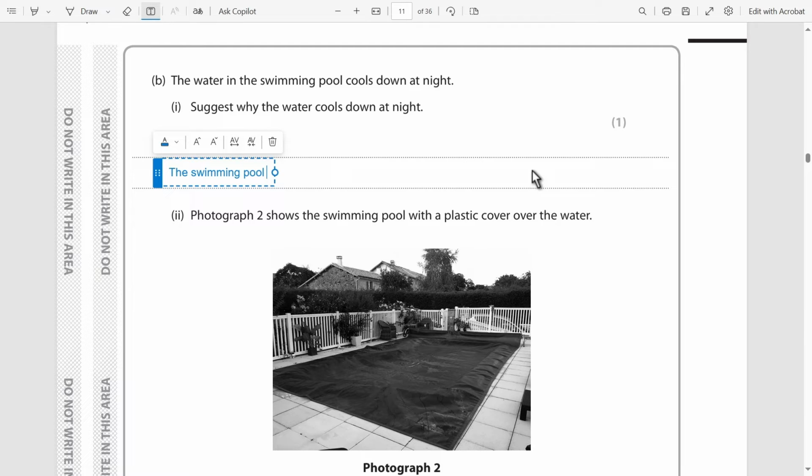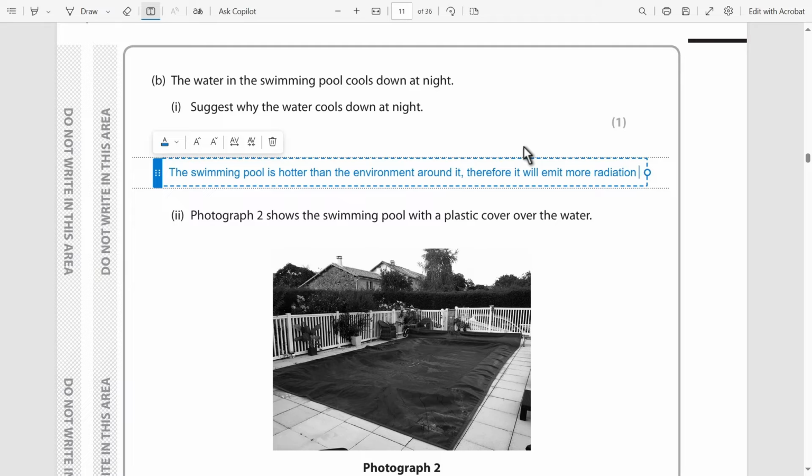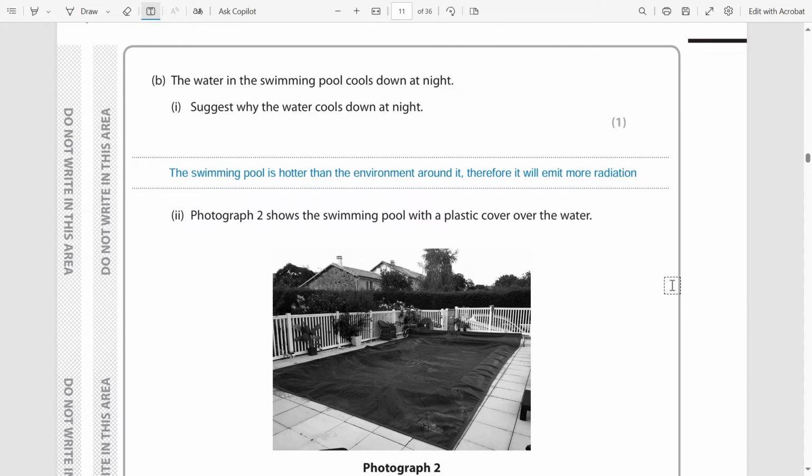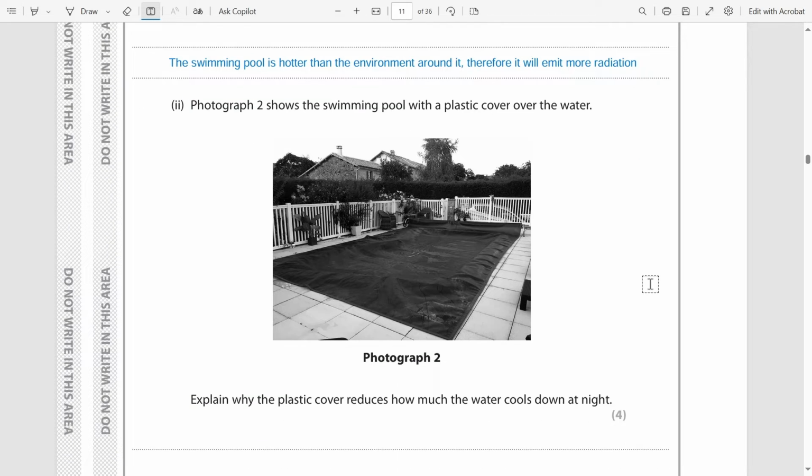So the swimming pool is hotter than the surroundings. Oh my god, how do I spell surroundings? Oh, the environment around it. Therefore, it will emit more radiation.